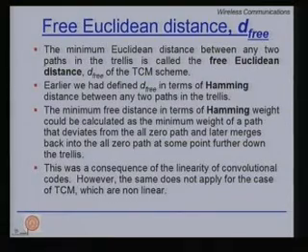That is a nonlinear process. So, just going with the all 0 path may not give you the free Euclidean distance for TCM, but for linear convolutional codes, Hamming free distance is simply taken from the all 0 path. Here for TCM, you must consider all possible pairs of paths.